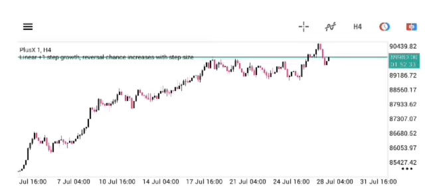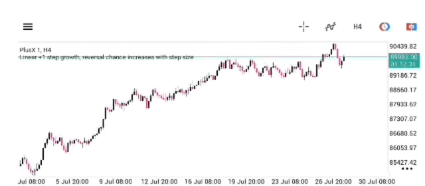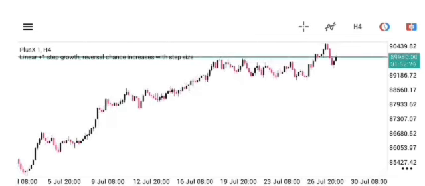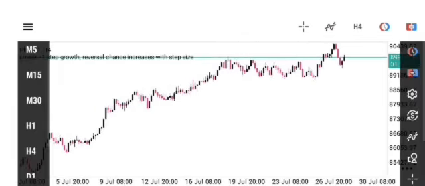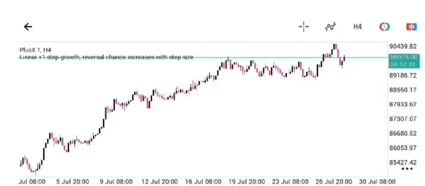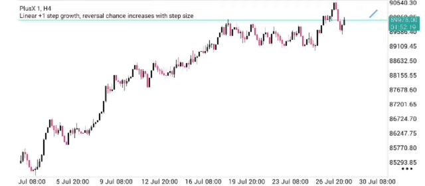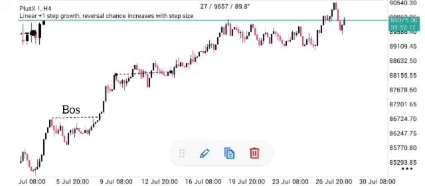Basically what you can see is that the overall market trend is bullish. You can see price has been breaking structures here. Price has been breaking structures here. I'm just gonna make a rough marking, it doesn't have to be perfect.